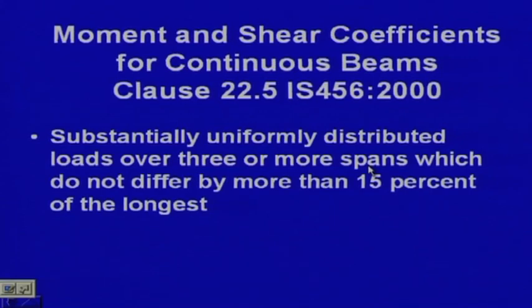This is for continuous beams or slabs. It is not exactly uniform, but within 10% or 15%, that way we say. And if there are 3 or more spans which do not differ by more than 15% of the longest span, then we can use these coefficients.